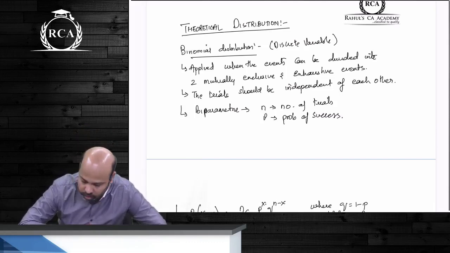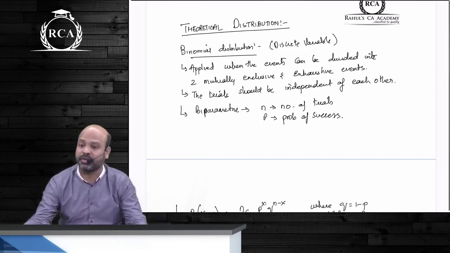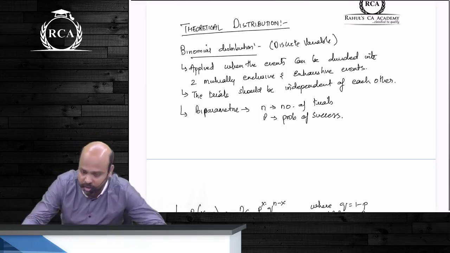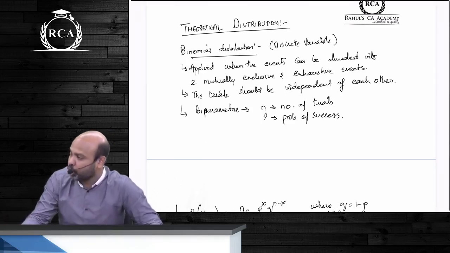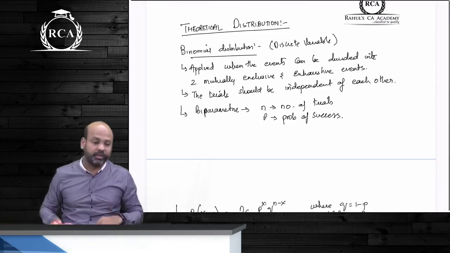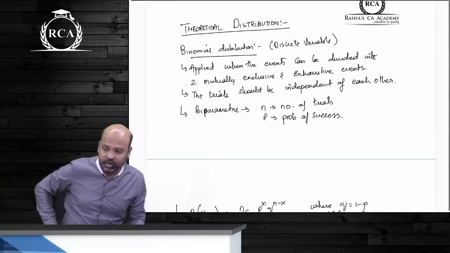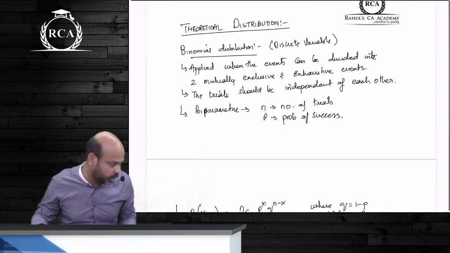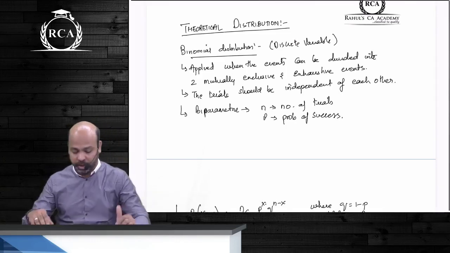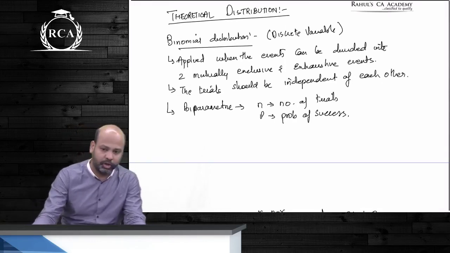So under theoretical distribution functions, guys, we did three important theoretical distributions. Two for discrete variables, one for a continuous variable. For discrete variables, we have the binomial distribution and Poisson distribution, and for a continuous variable we have the normal distribution. Now, the things you're supposed to remember in relation to the binomial distribution.